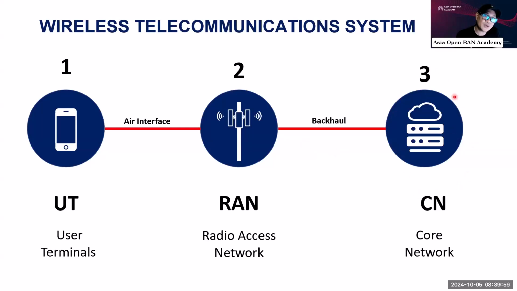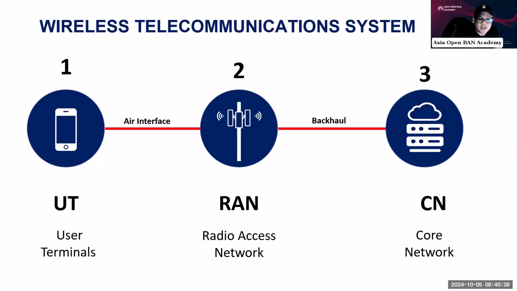If your core network is not supporting 5G, you will not be able to use the 5G service. So the core network must also evolve together with the other network elements. Okay? So again, we have three main components: the user terminals, the radio access network, and the core network.